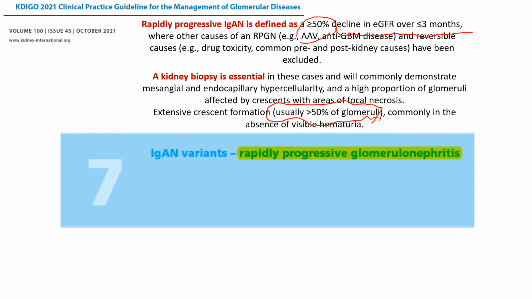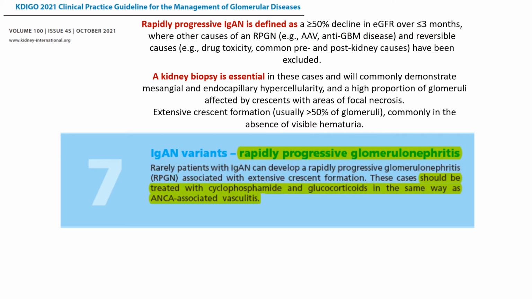ANCA and anti-GBM are negative. So to diagnose rapidly progressive glomerulonephritis in cases of IgA, crescents must be more than 50% of the glomeruli, and the patient has decline in GFR more than or equal 50% in less than 3 months with exclusion of other causes.